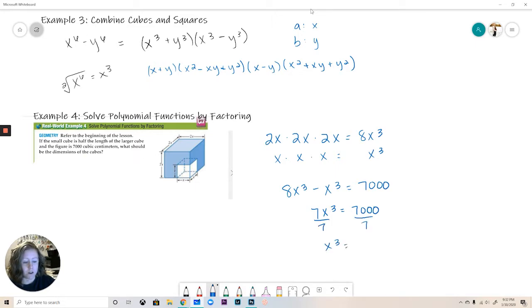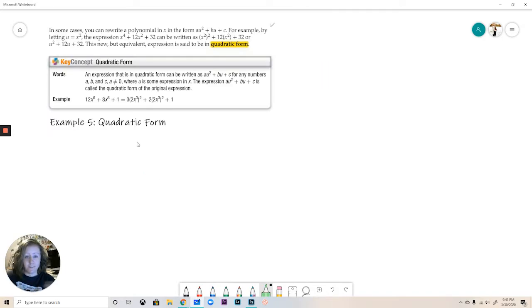X to the 3rd equals 1,000. And if we take the cubed root of both sides of the equation, we're going to get x equals 10. So x equals 10 centimeters here, and then the large one is 20 centimeters.